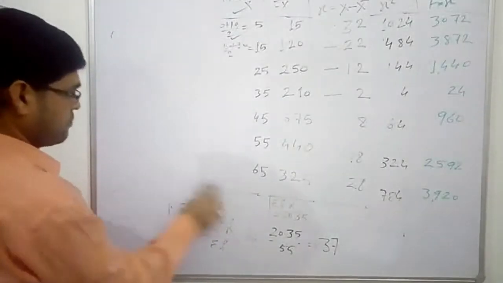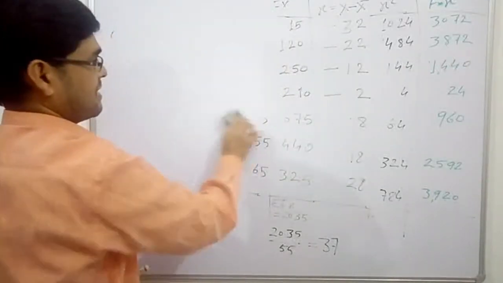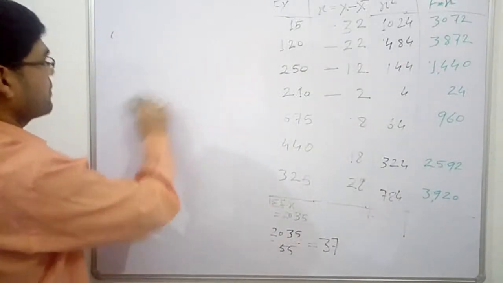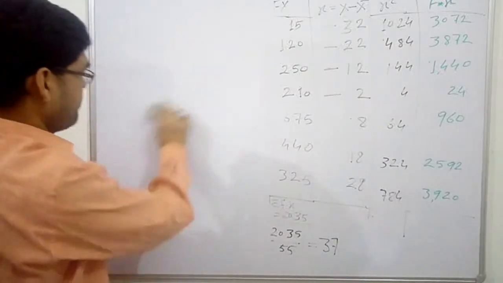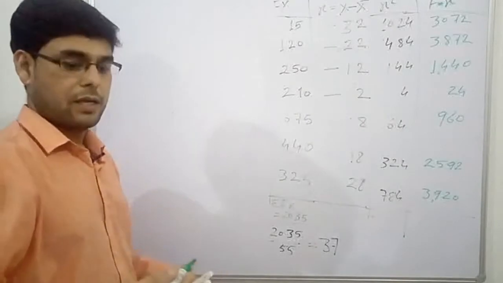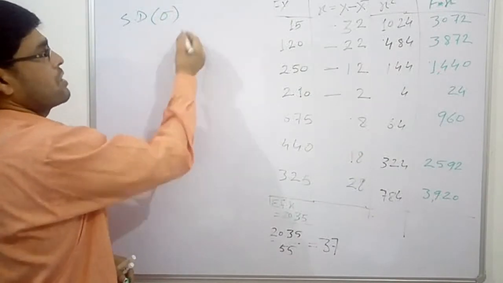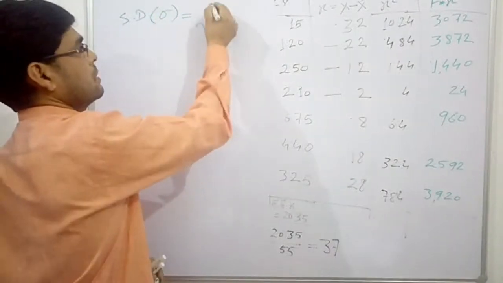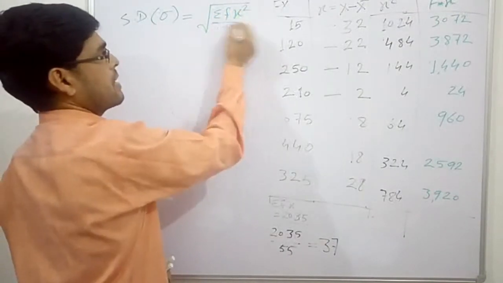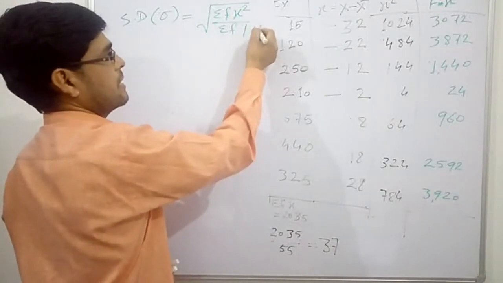We need a formula. The formula of standard deviation, denoted by small sigma, is equal to square root of sigma f x square upon sigma f, or this is also known as n.